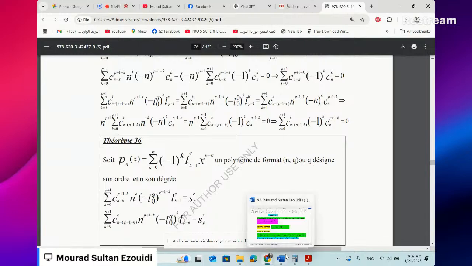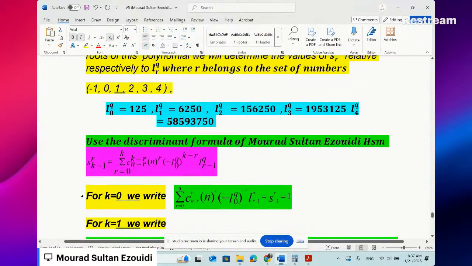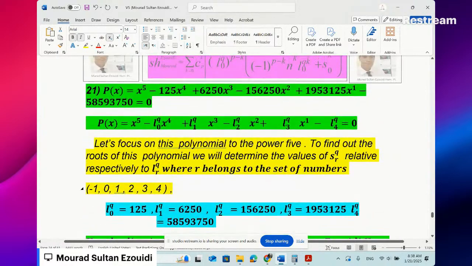Now I'm going to solve this question, my kids. This is a polynomial to the power 5.